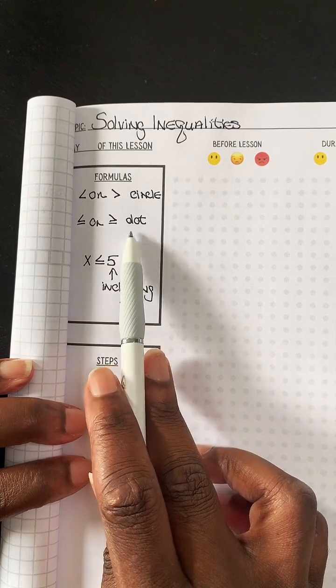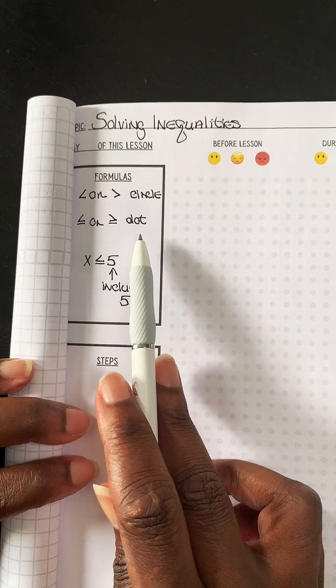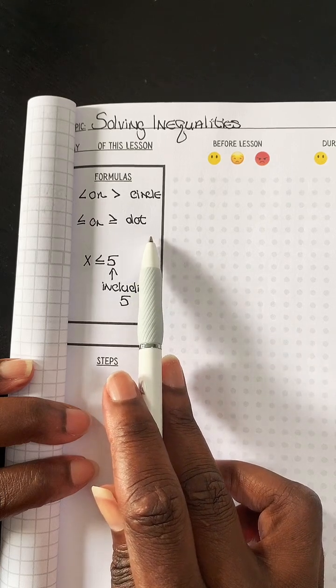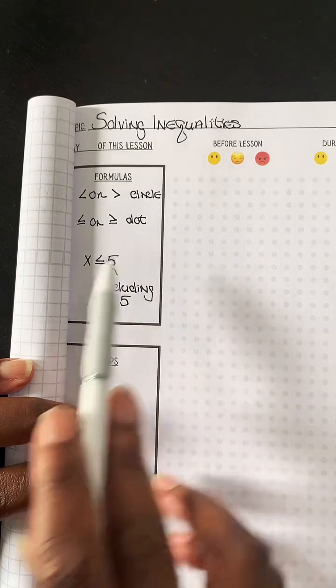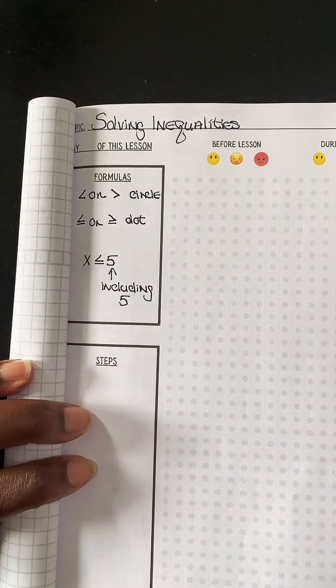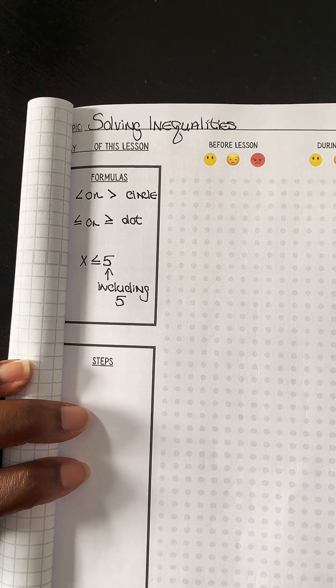So then, if you have less than or equal to, it's including the number, so it'll be a dot. And I love how people say a closed dot. What other dots do you know, guys? Just took some person that was slightly deranged to throw those words open and closed in there, and then they try to throw dots and circles. Yeah, we don't need to make math so complicated, all right?